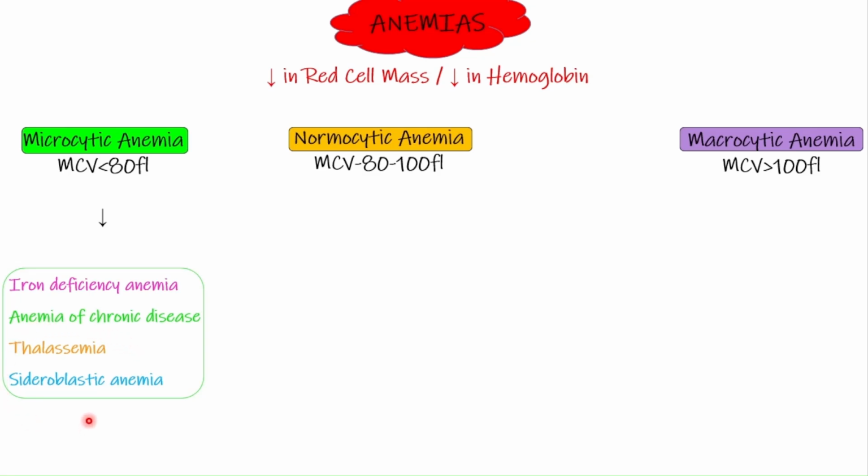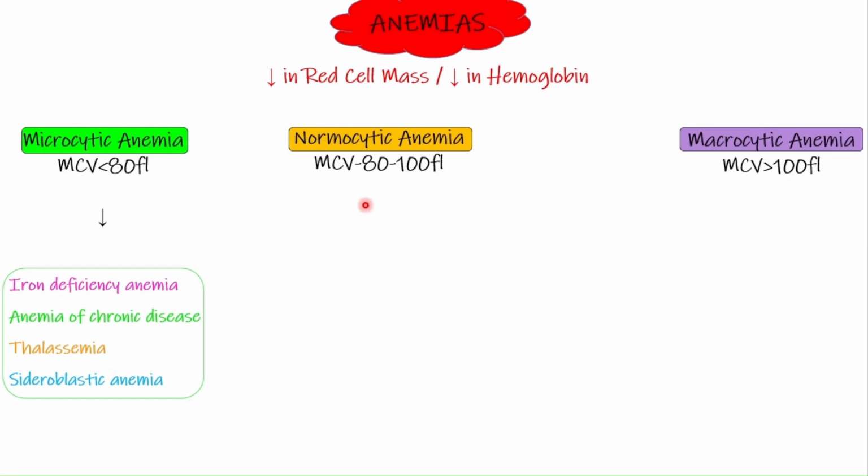Normally the RBCs do not have a nucleus, but in sideroblastic anemia there are blasts. So the RBC is nucleated, and it has iron-filled mitochondria surrounding the nucleus in the form of sideroblasts.